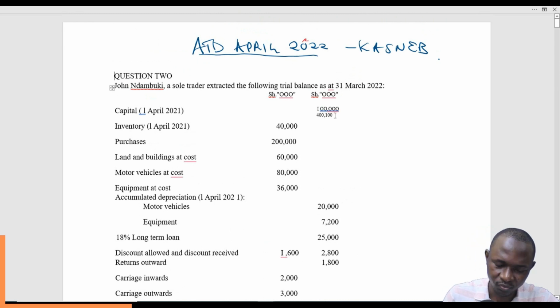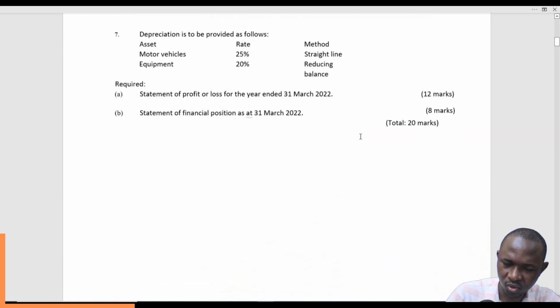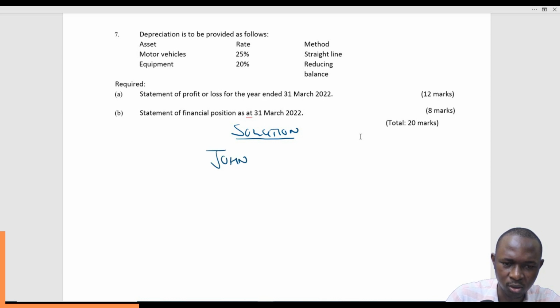So let's start. This is John Dambuki, and we are preparing the books as at 31st March 2022. So we'll come here and say solution. Then we say John Dambuki, income statement. Let's just say income statement.